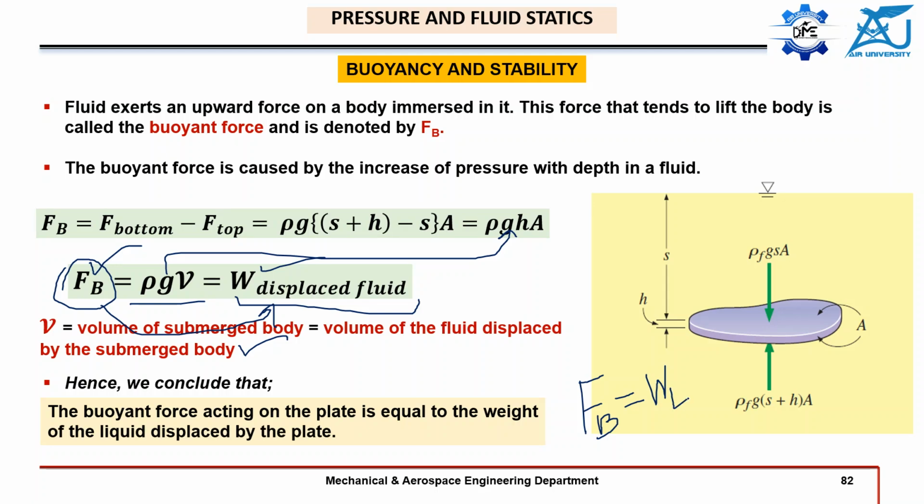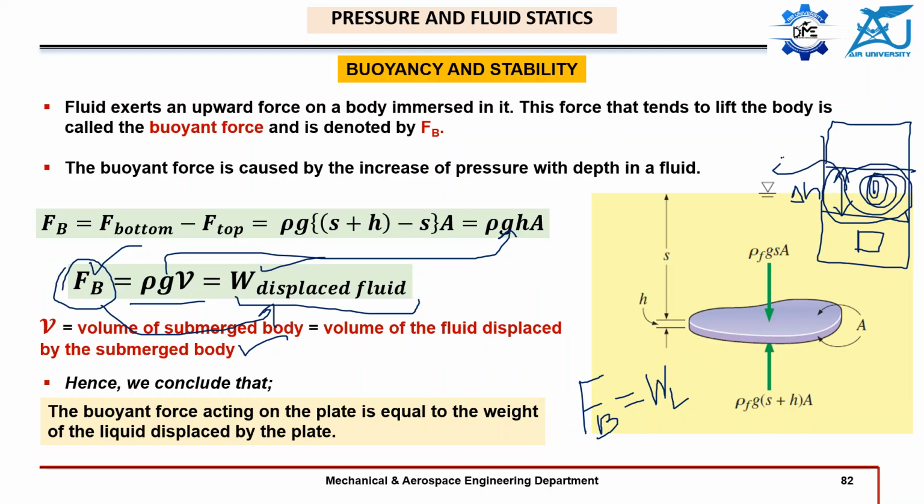When I was initially telling you that in a container, if you have added an ice cube, for example, and it has risen the height by this delta H, then if you calculate the weight of this water height, you will get the buoyant force. It will be equal to this buoyant force.